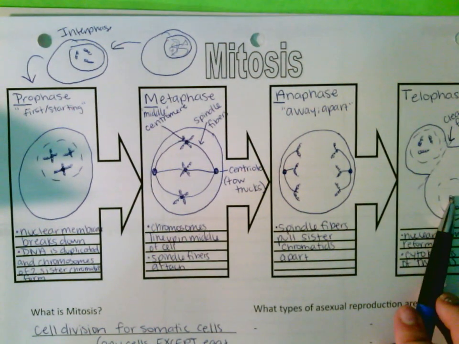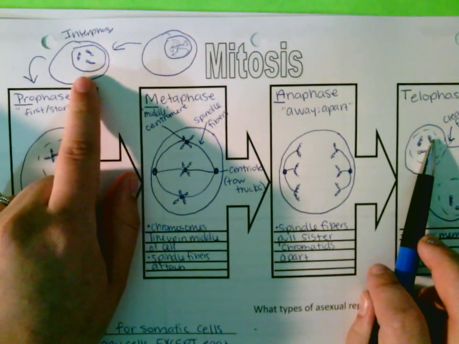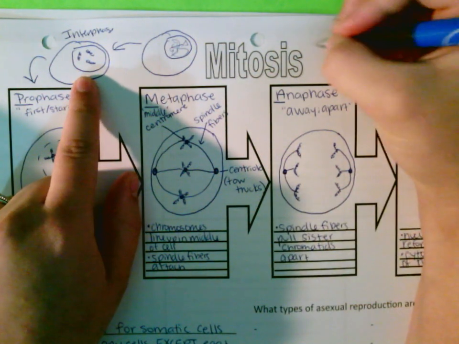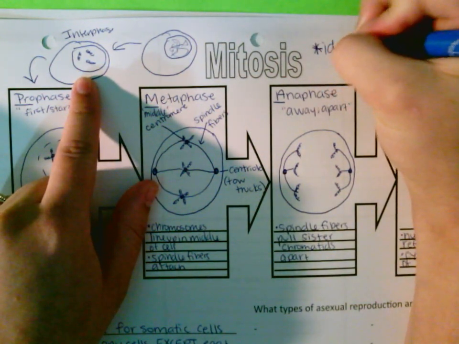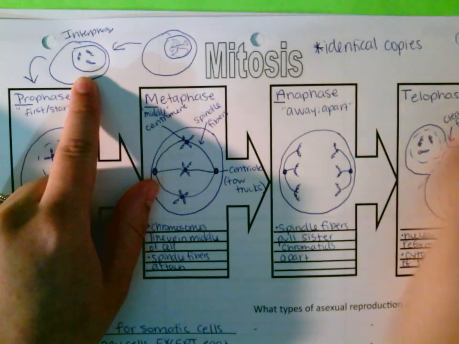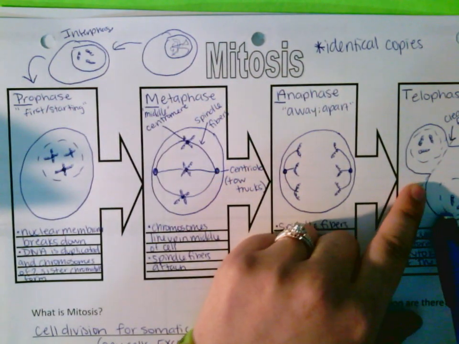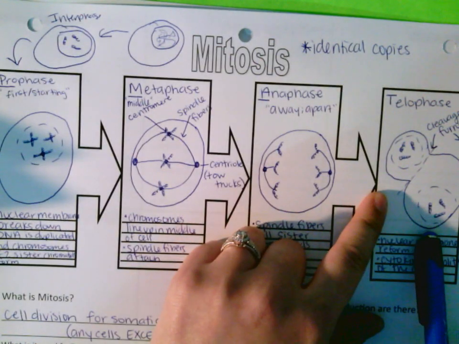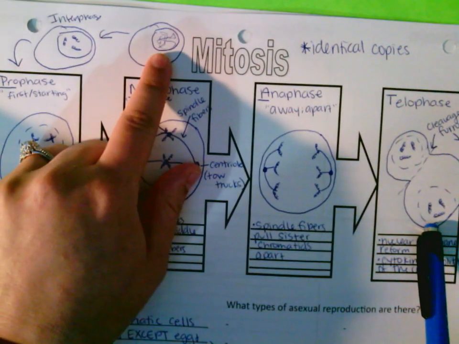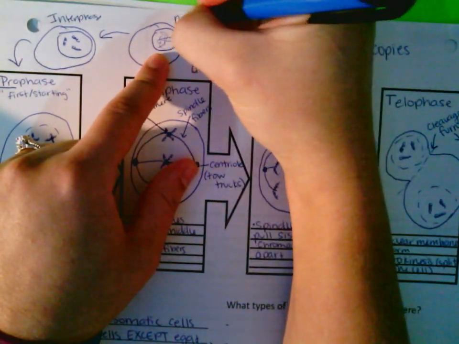So if you look at these cells right here, each one of these cells is going to match the original cell, because in mitosis we are making identical copies. They're going to have the same information. And so once these cells are completely split and they just start going through their normal cell processes, those chromosomes can unwind to form the nucleolus that they use for normal cell processes.